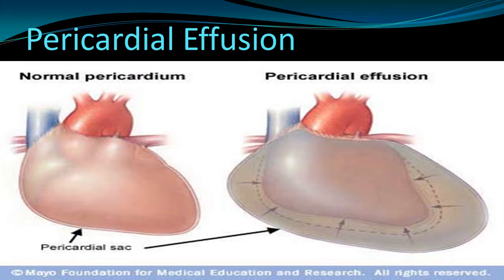In cardiac tamponade, the heart is being pushed inwards, and the heart doesn't relax during diastole and doesn't allow cardiac return, thus unable to generate cardiac output, and this is an emergency which need to be evacuated immediately.